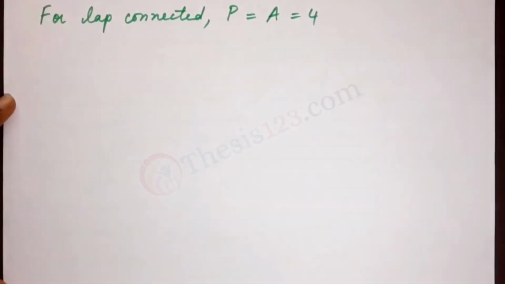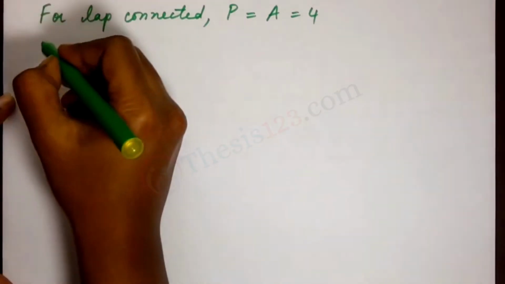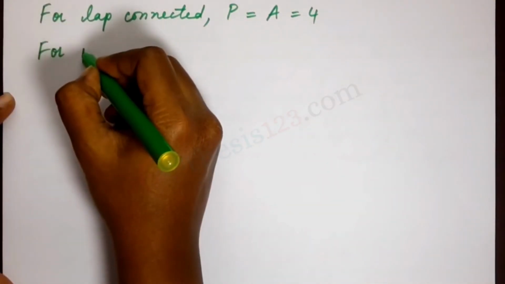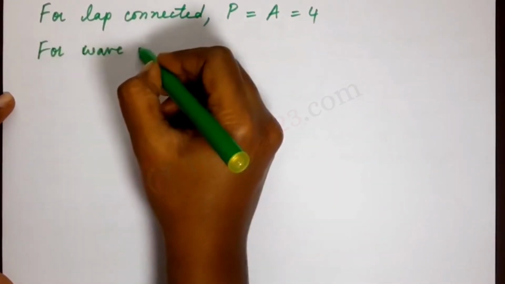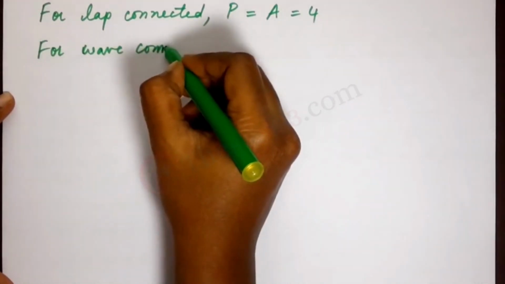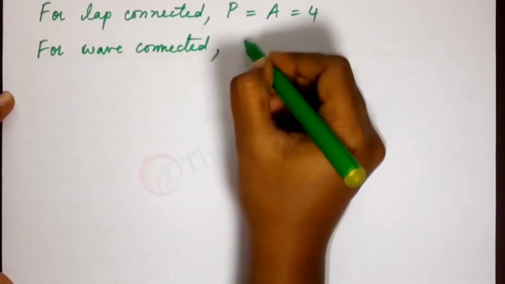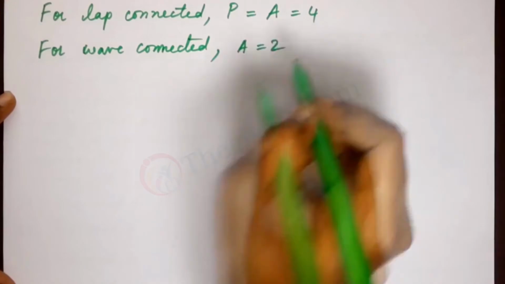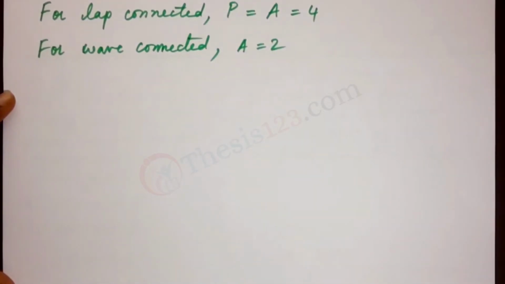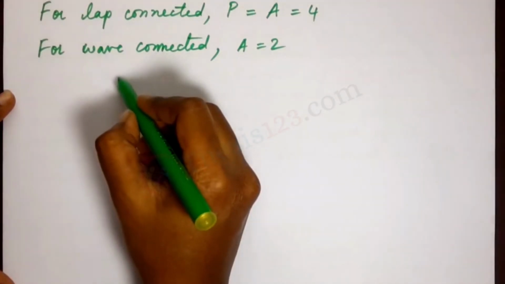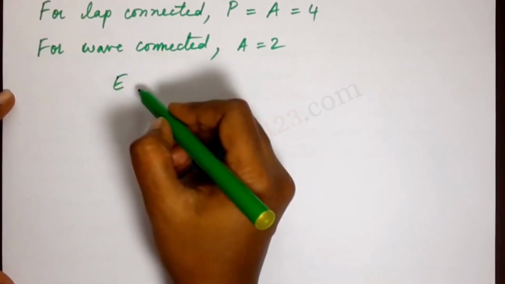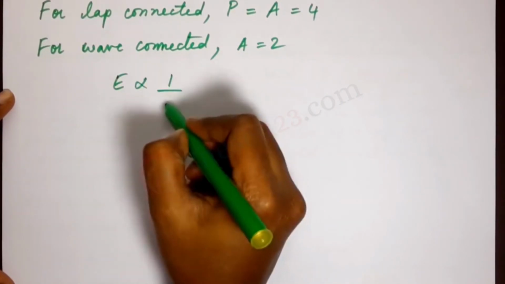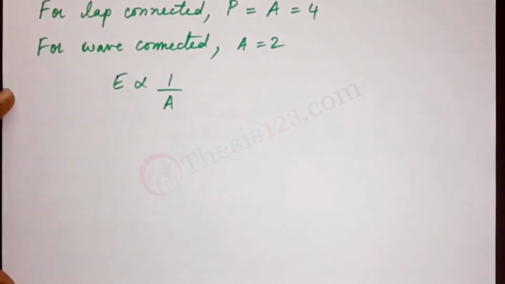So that is 4. Since there are 4 poles, there would be 4 parallel paths. But for a wave wound or wave connected, the number of parallel paths is fixed as 2.